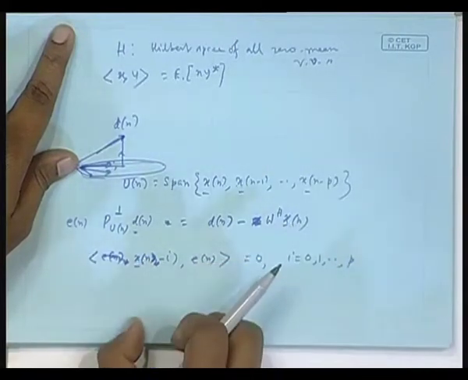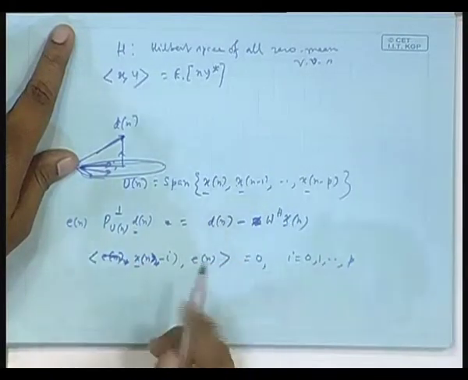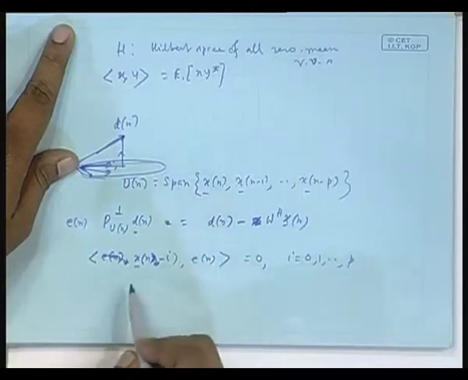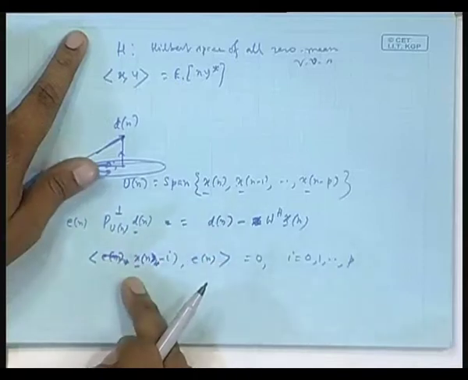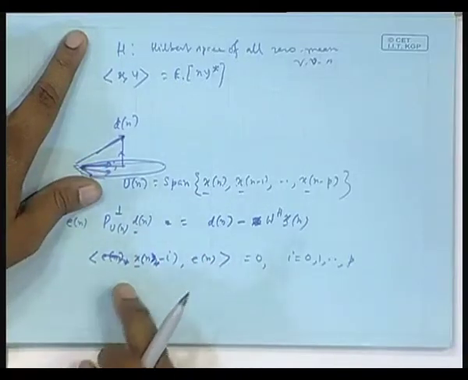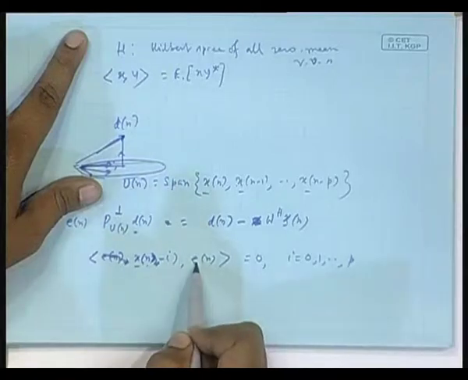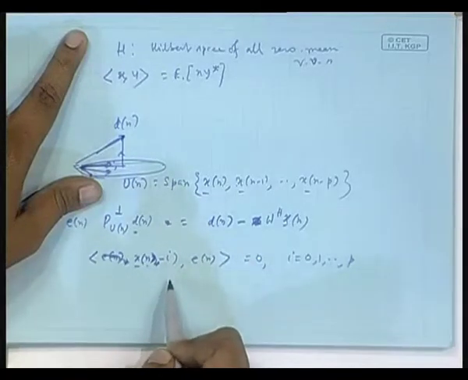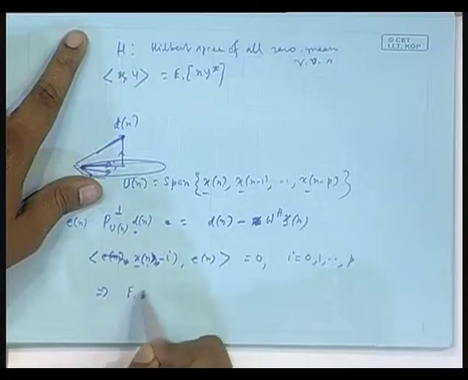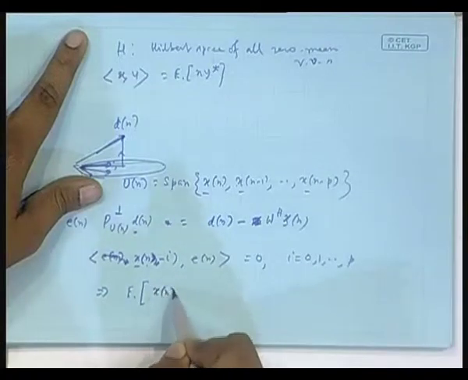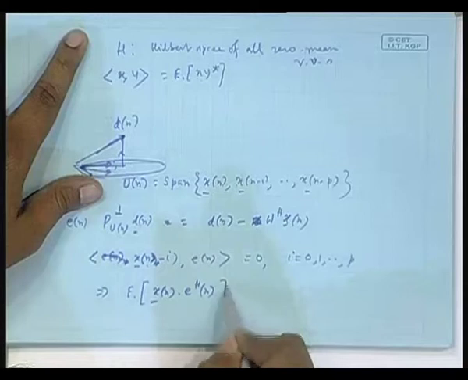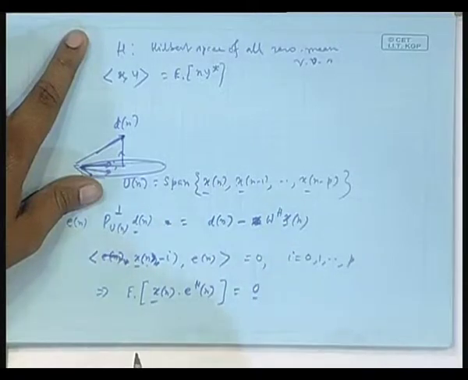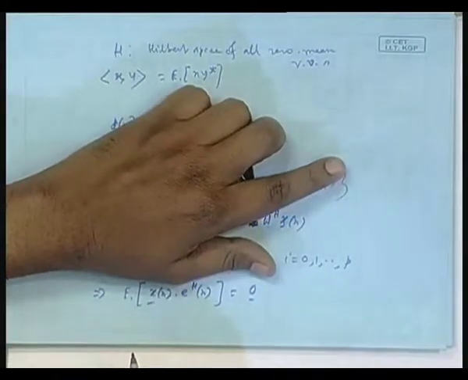I put the inner product in a vector form. What is the meaning of this? Expected value of this into E star n is 0 for i equal to 0 to p. So I can also write this as E of x n E H n equal to the 0 vector. Now it is statistics, no longer vector space.